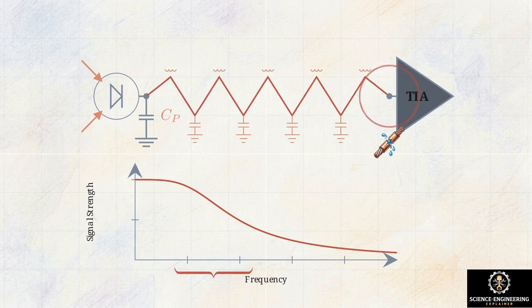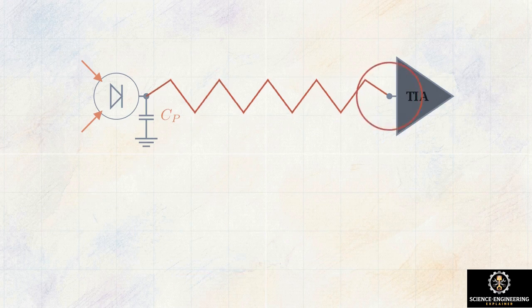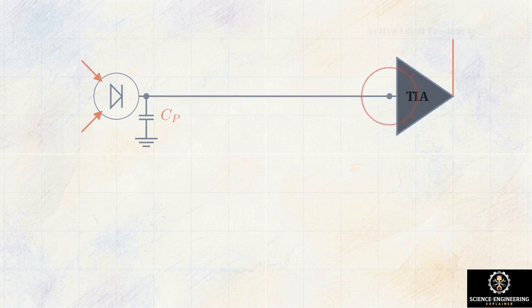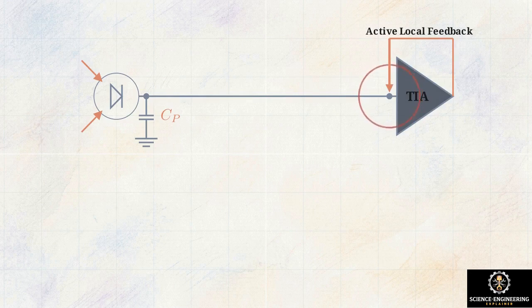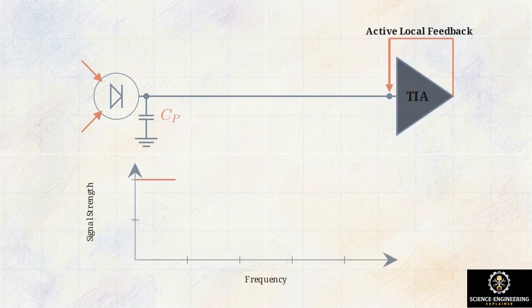The physical distance the electrons must travel across the wire bond places a ceiling on the maximum frequency the receiver can process. To bypass this physical limitation, engineers design complex shunt feedback amplifiers or regulated cascode input stages. These use active local feedback loops to lower the input resistance and isolate the capacitance.